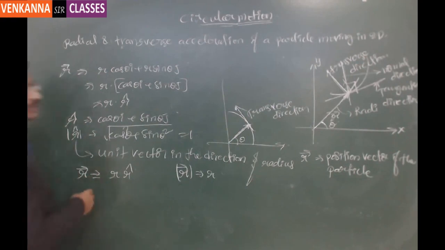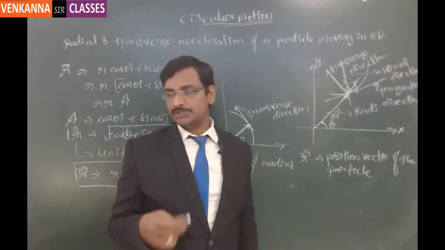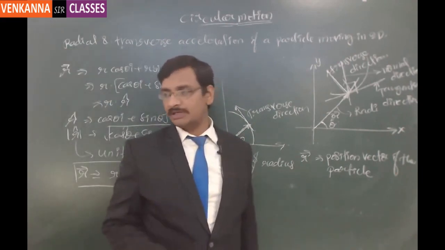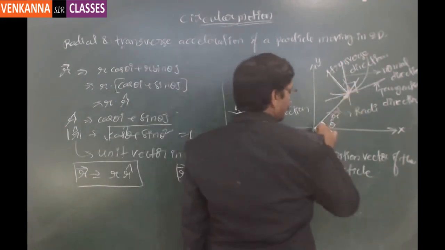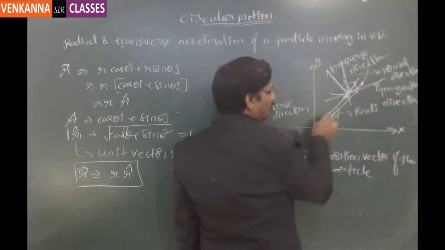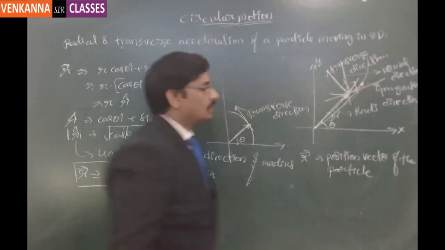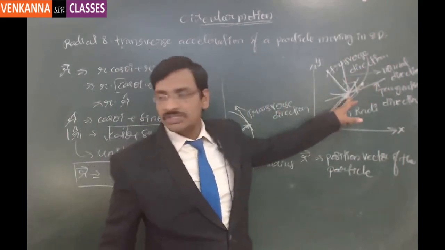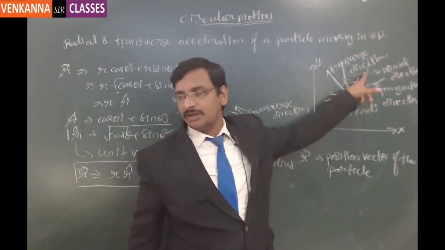Now the rate of change of the position vector will represent the velocity of the particle. At one point this is the position, and at another point, if I draw one more position vector, the position vector has changed. That means the rate of change of the position vector is nothing but the velocity of the particle traveling in this particular direction.